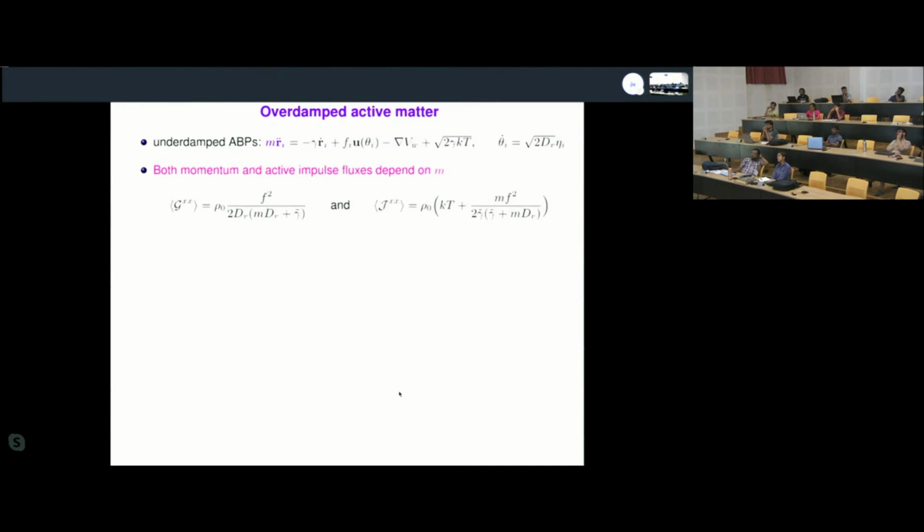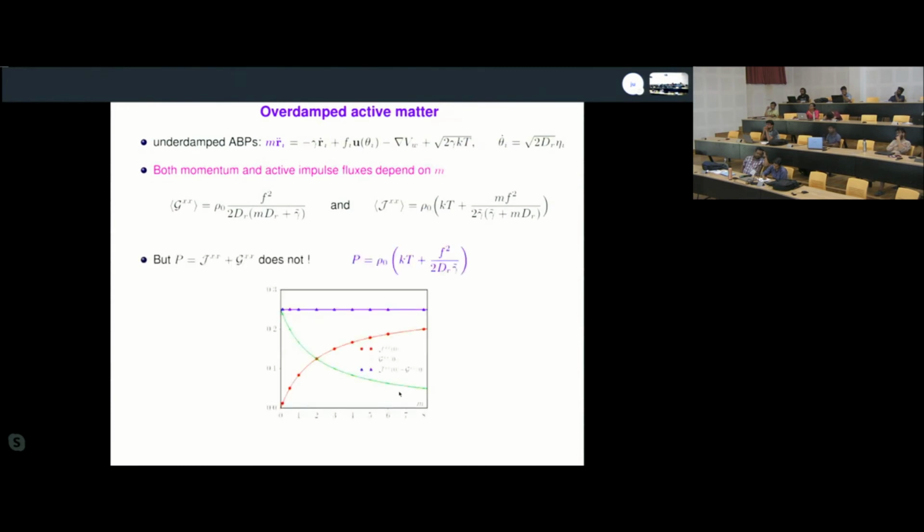You can plot both the active impulse flux and the momentum flux as a function of the mass. And you find that both of them depend on the mass. However, if you compute their sum, which is the pressure, you find that it doesn't. So here on this graph, what you have in blue, which is constant, is the pressure as a function of the mass, which is the sum of, in green, the flux of active impulse, and in red, the momentum flux. Overdamped active matter is the limit m goes to 0.